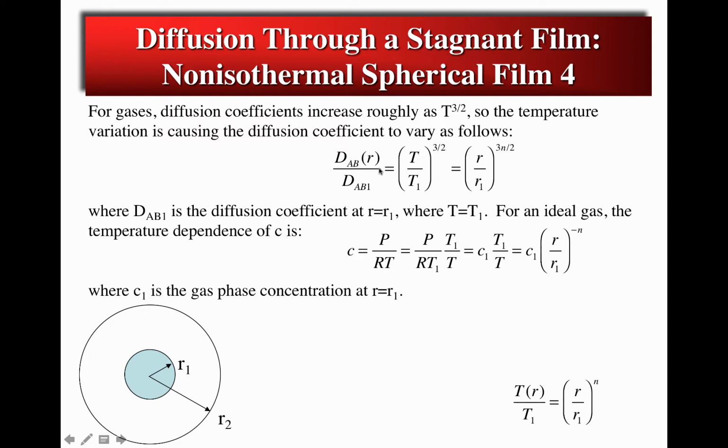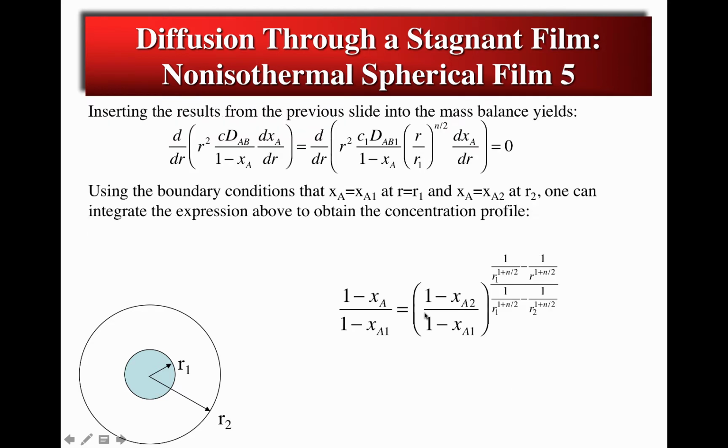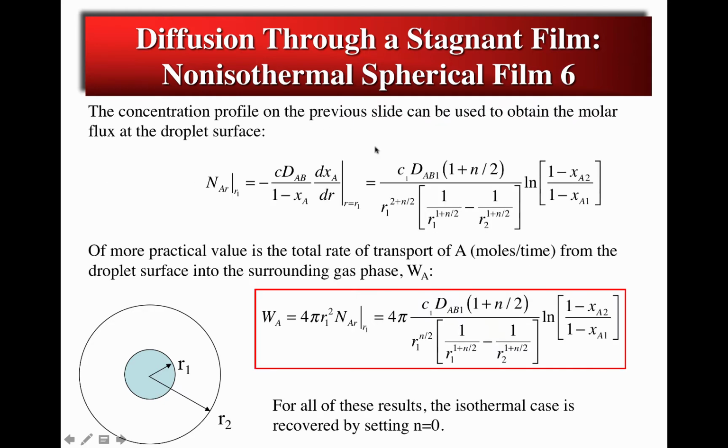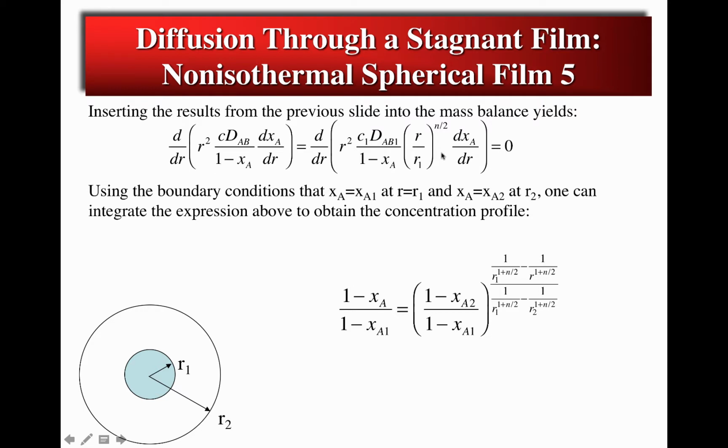If the diffusion coefficient has this dependence on temperature and therefore on distance, then C has this dependence on temperature and thus distance. And we can introduce those approximations into the mass balance as shown here, where C1 is the molar concentration of the gas phase at R equal R1, and DAB1 is the diffusion coefficient of the gas phase at R equal to R1.